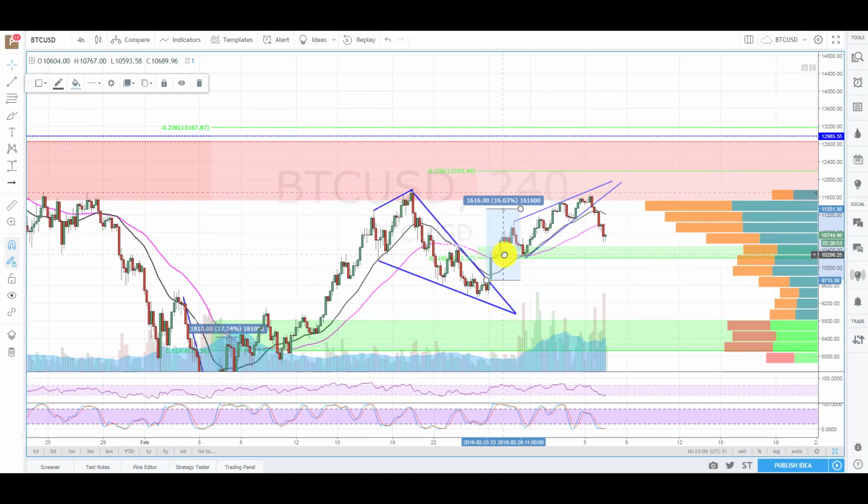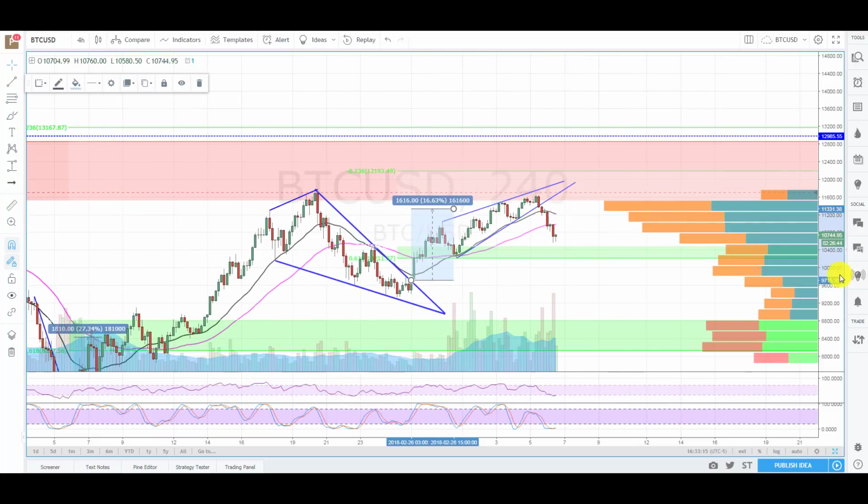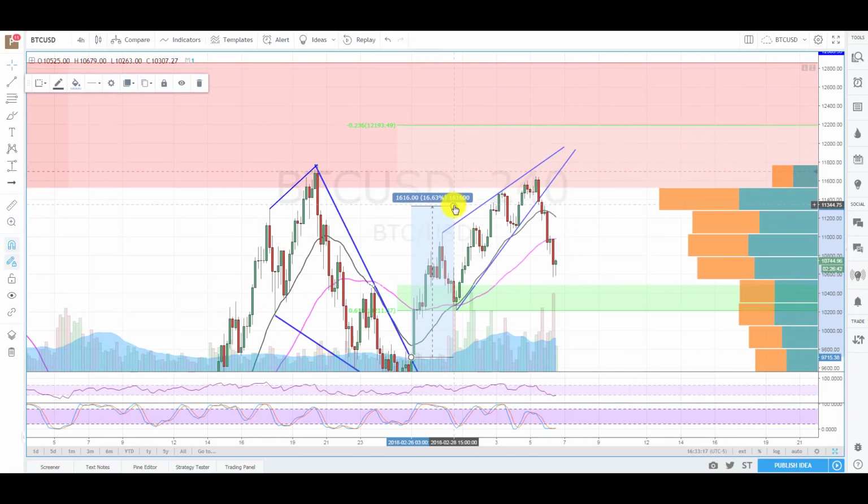Where it breaks out of the wedge, the price target tags here, this level of 11,334.78. You can see price comes up, hits some resistance there, and then breaks through it, all the while creating a new wedge.